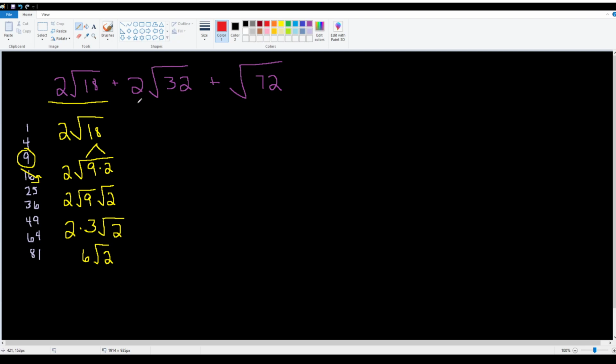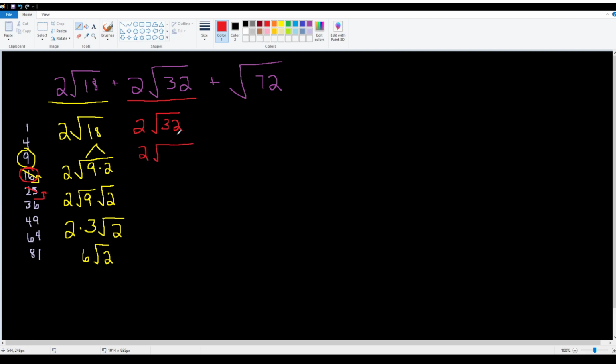So I'm going to now work with 2 radical 32. And I'm going to look to simplify that. So working with 2 radical 32, again, I'm going to work with all of my numbers from right here and down. And I'm going to take 32 and I'm going to divide them by each of these numbers to figure out which one is the greatest perfect square. So I start with 25, that one doesn't work, but 16 does work.